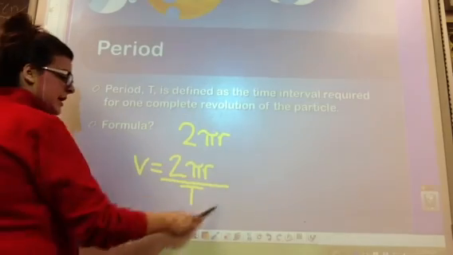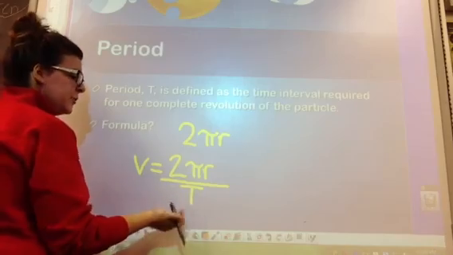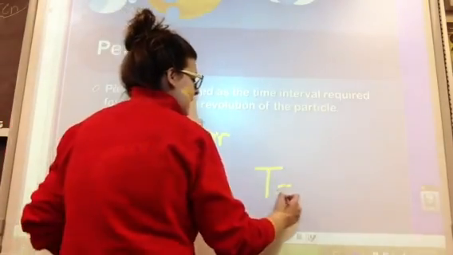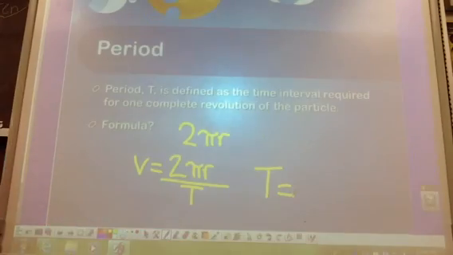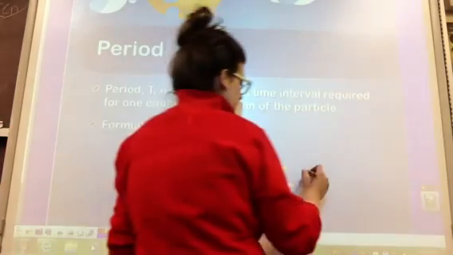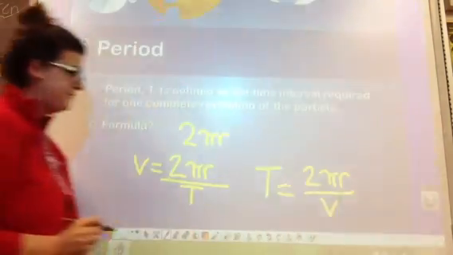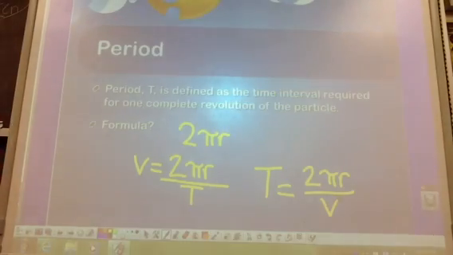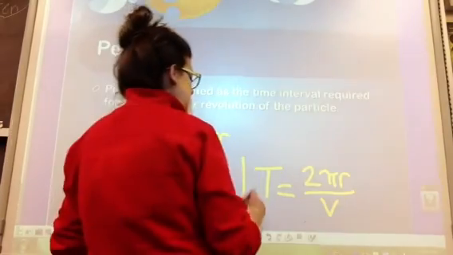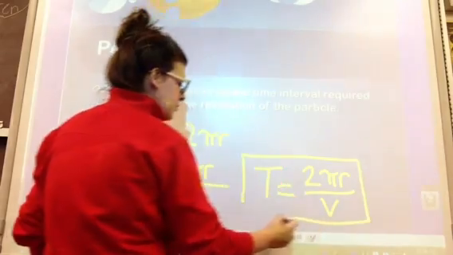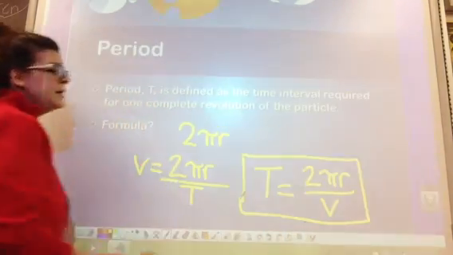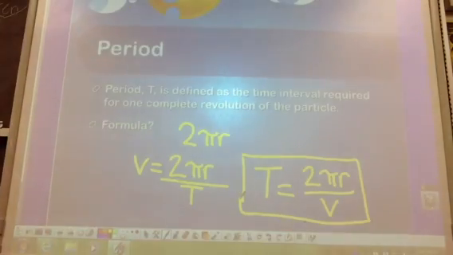Let's just rearrange this, and then we can get the formula for period. So in this case, period would be equal to 2 pi r over v. So our formula to find period for a particle moving in uniform circular motion is going to be T equals 2 pi r over v.